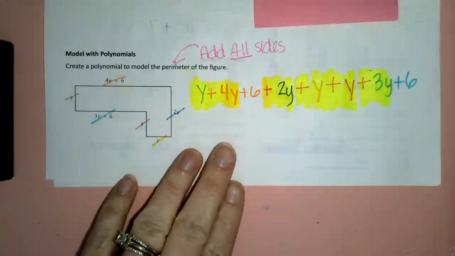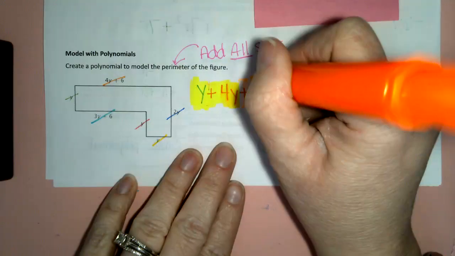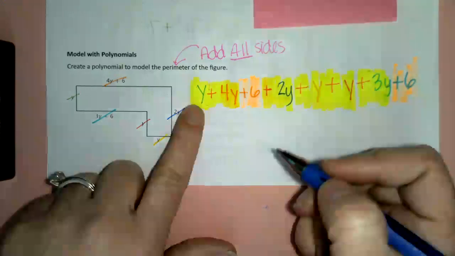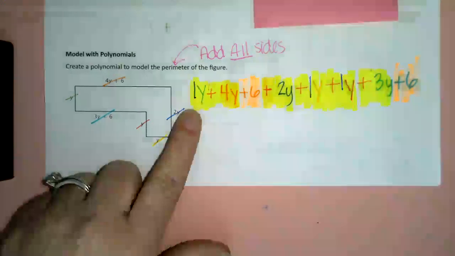The other thing I'm going to highlight is the positive 6 and the positive 6. So now we're just going to put together our like terms. Remember, in front of all the plain y's, there's an understood 1. So I just wrote those in.